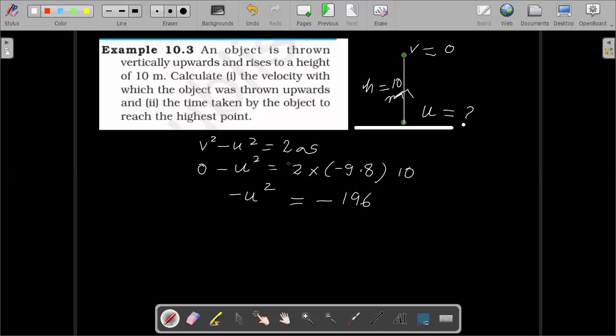Multiply 9.8 with 2, you get 19.6. Then multiplied with 10, you get 196. So minus and minus cancel from each other. The initial velocity u will be equal to the square root of 196. I think the square root of 196 is 14. Am I correct? Yes, sir. So initial velocity here is 14 meters per second.